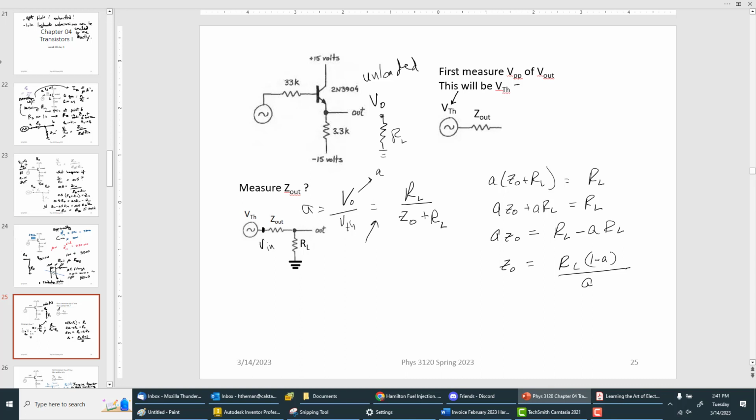So we bring the denominator up here, we distribute A, gather our terms, and then we're left with this expression for Z out.